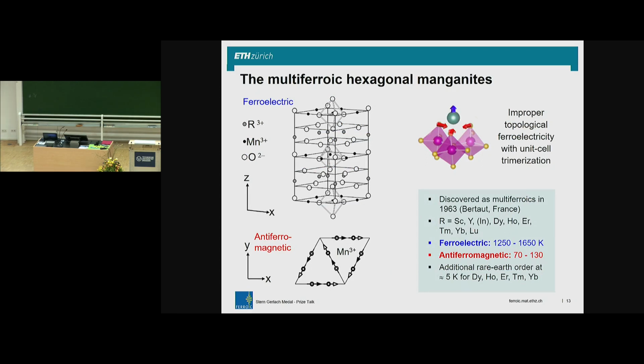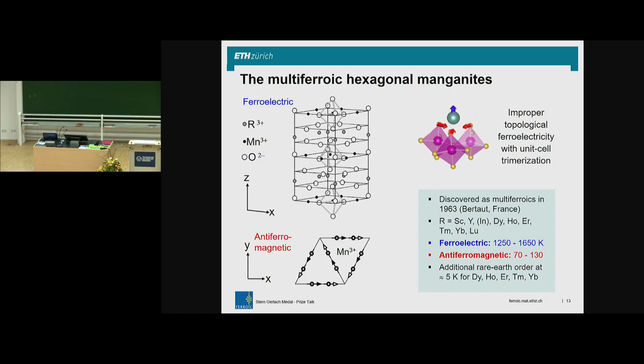Here is an example. So hexagonal manganites, they contain manganese O5 cages, and then something like yttrium or some other ion here. These like to tilt in a coordinated fashion and shift this rare earth ion out of the way. That breaks inversion symmetry, so it's ferroelectric, the material in the end. But you also have manganese spin order in this triangular fashion.